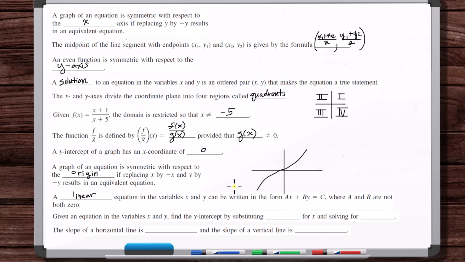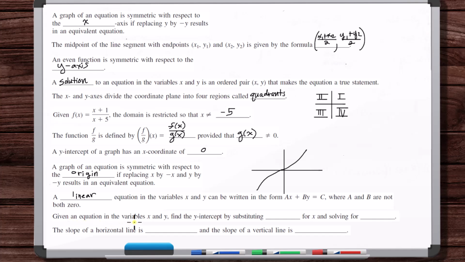But yeah, so it's this form, and the only restriction is that a, b, and c can be any real number. You just can't have both of these be equal to 0. If that requirement is met, then the graph is going to be a line, either vertical, horizontal, or slanted.